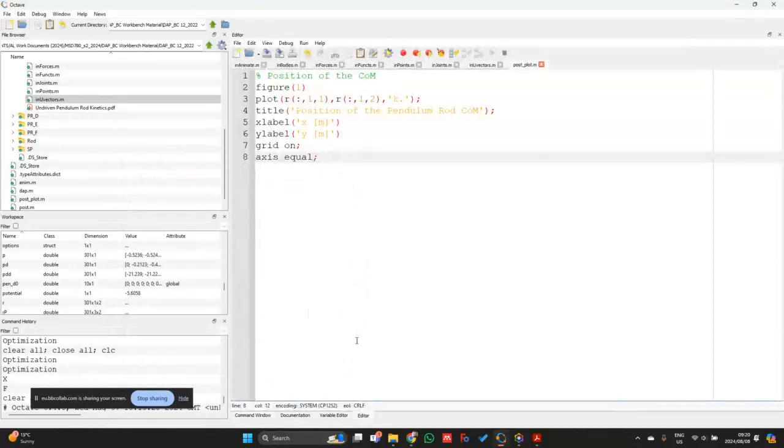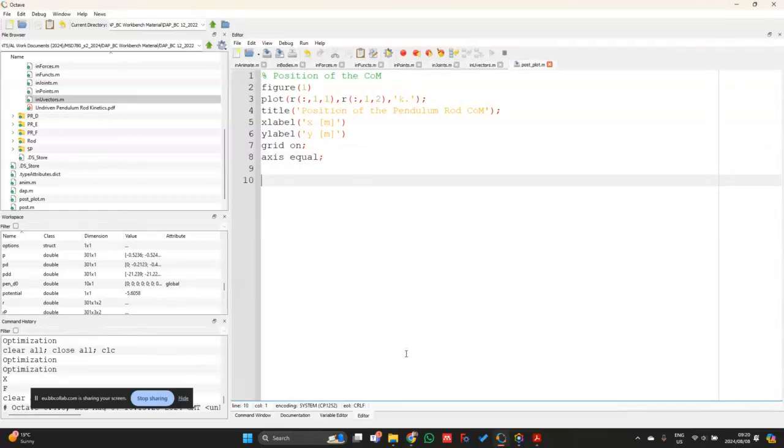Okay, so perhaps if I want to go and check what the relationship is with respect to time for each of these things, then I can go and create a new figure. So I'm just going to say figure 2. And since I want to perhaps create more than one plot now for, let's say, the center of mass x point as a function of time, then for the y points as a function of time, and then perhaps also for the orientation angle as a function of time, what I can create is firstly handles.